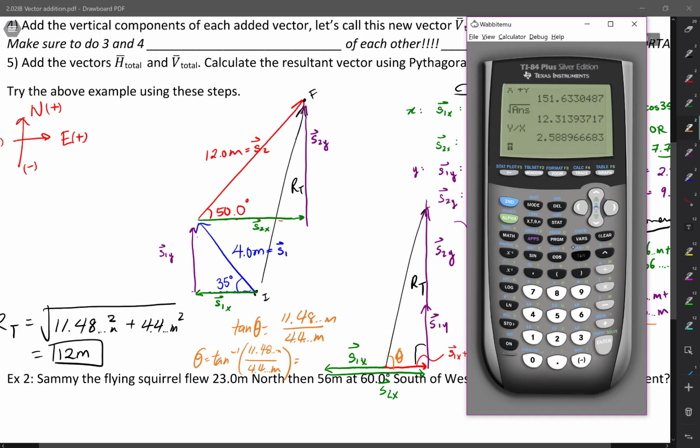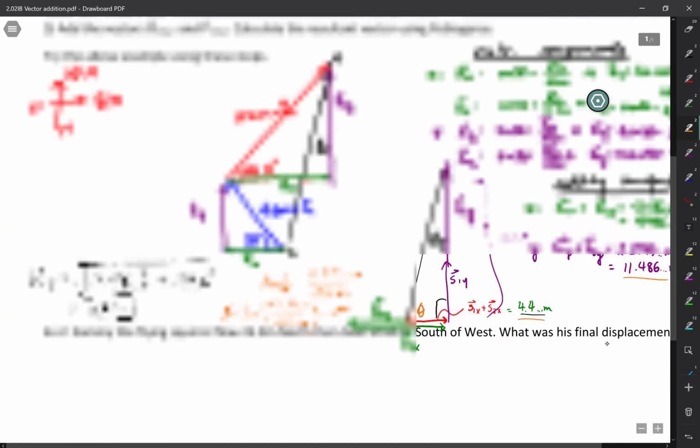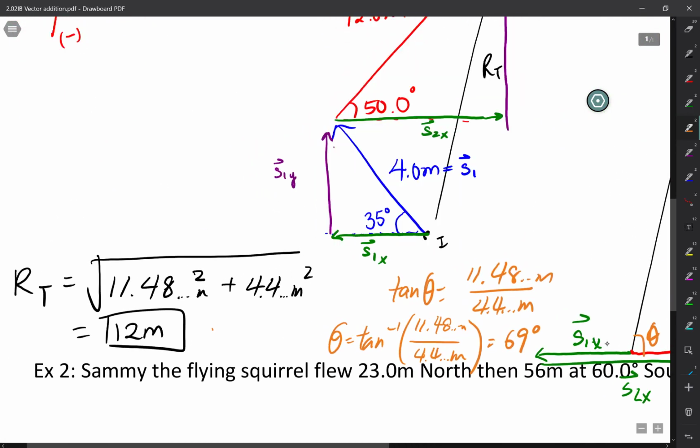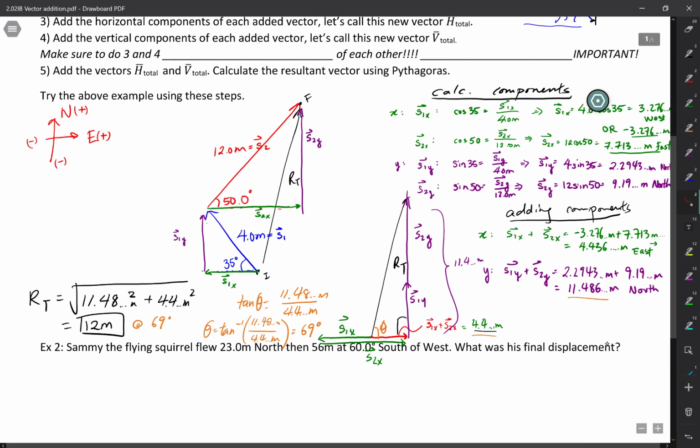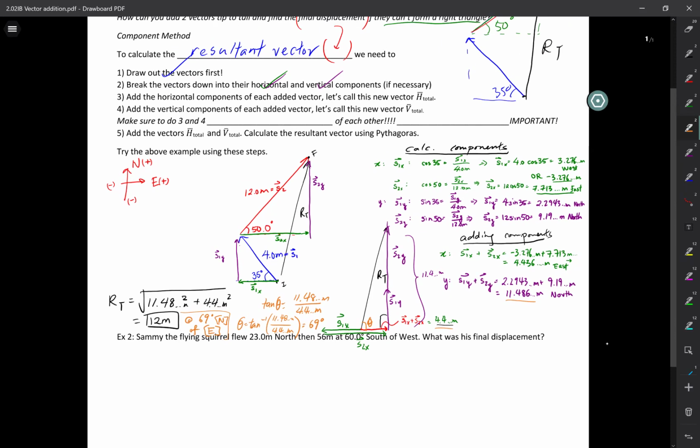Take the inverse tan, and I get 68.66, which rounds up to 69 degrees, which means in my answer, I'm going to write 69 degrees north of east, with north of east as shorthand because I'm running out of space. So here are the directions for the resultant vector, which is the total displacement of Leo in example 1.